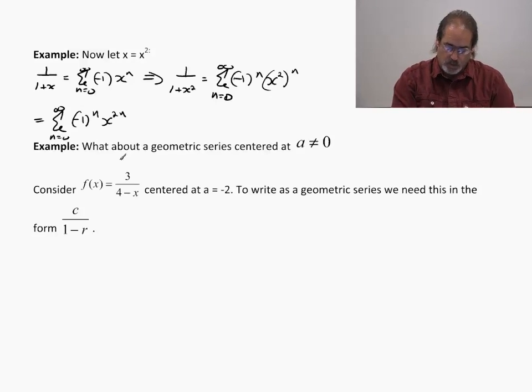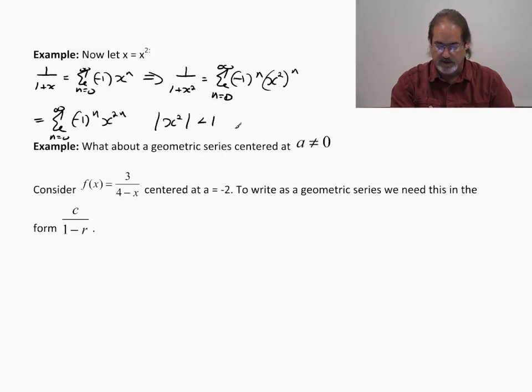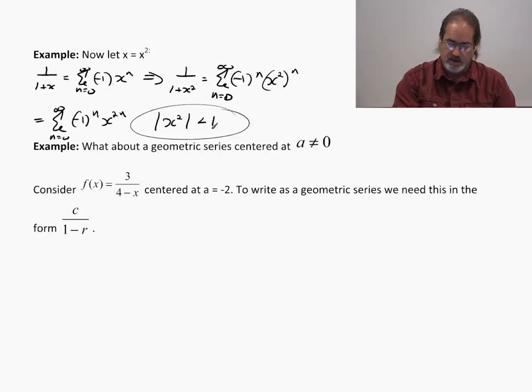So, where will that converge? Well, again, I know that I need the absolute value of x squared to be less than 1, which again tells me I have both an interval and radius of 1. So I'm going to end up with the exact same interval and radius there. You can do the algebra and actually confirm it.